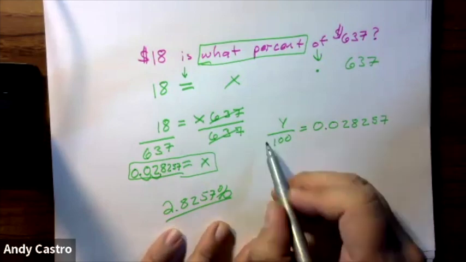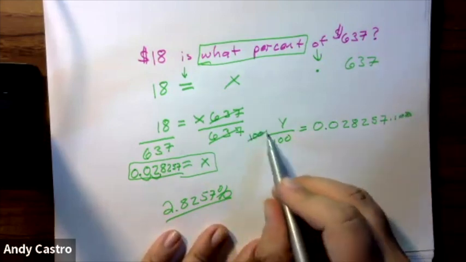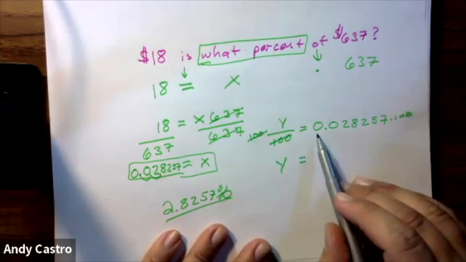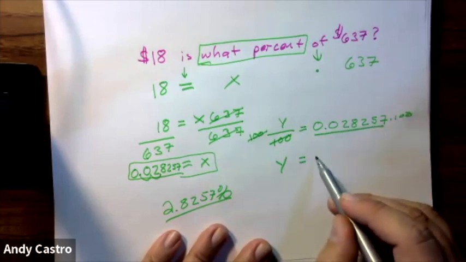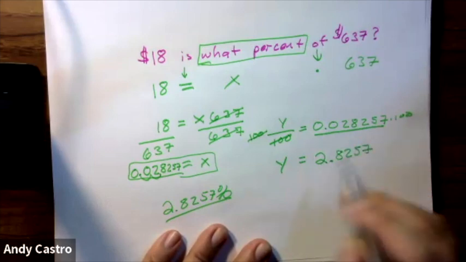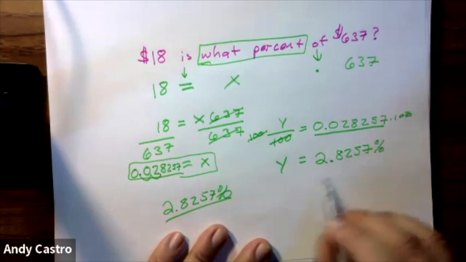So here it just shows you where that comes from. I'm multiplying both sides by 100. I'm left with y is equal to 100 times 0.028257. That is 2.8257. And so here we see about 3%.